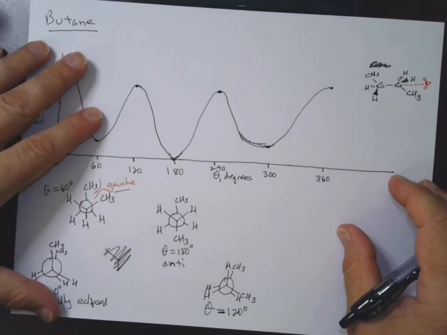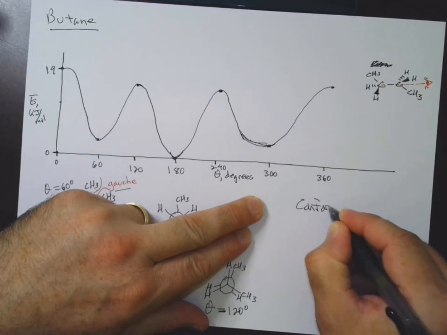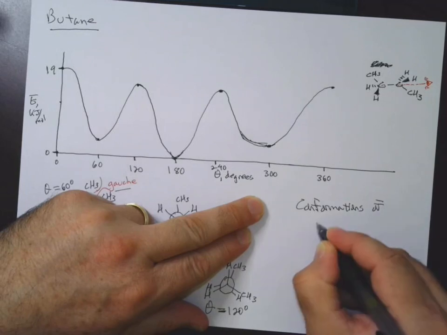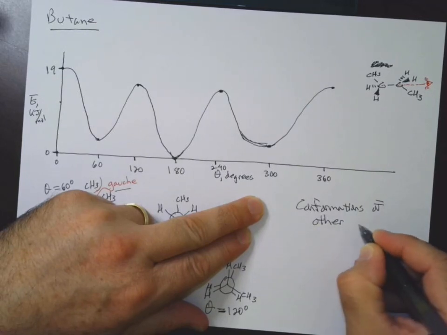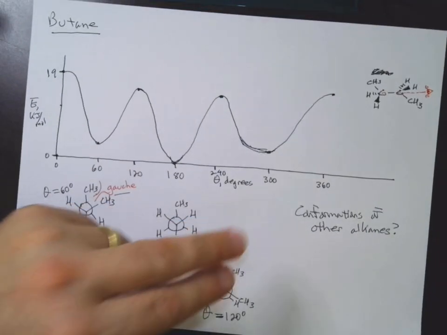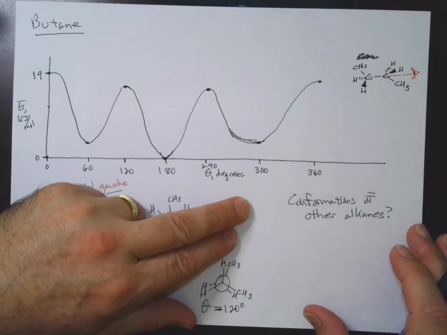And if you wanted to look at conformations of other alkanes, you just have to figure out which bond to look down.